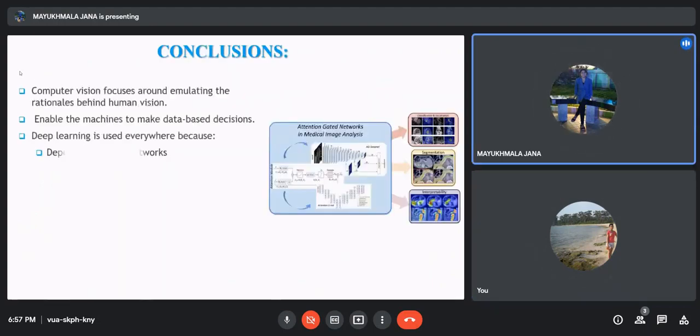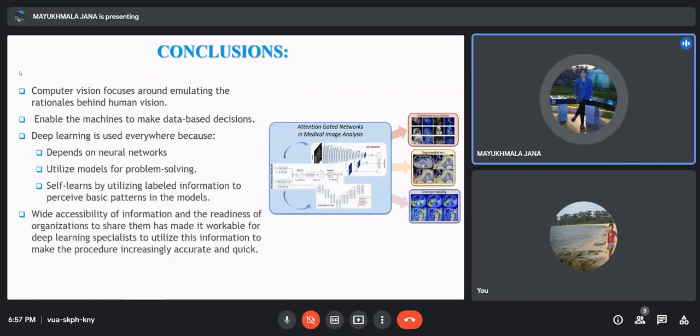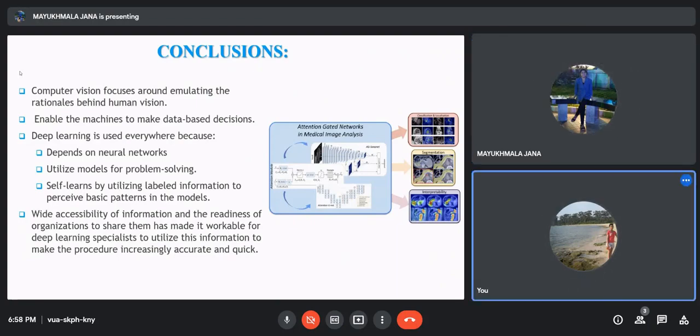Overall, it may be said that there is a lot of research being done in the computer vision field, but it's not just research. Real-world applications demonstrate how important computer vision is to endeavors in business, entertainment, transportation, healthcare, and everyday life.